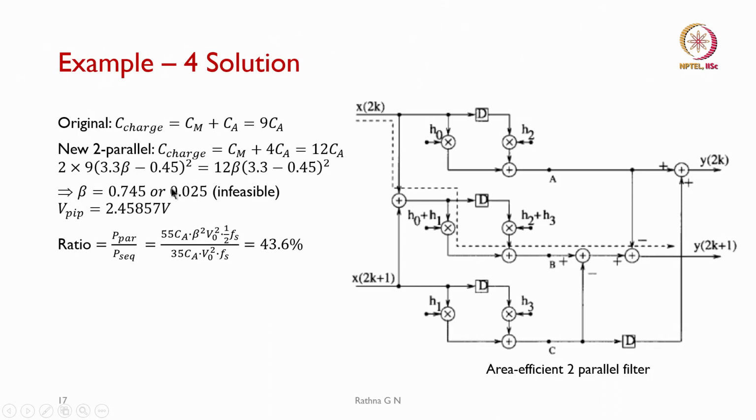So, as earlier cases, this is infeasible, and we consider our pipeline the parallel version of it is going to have 2.45857 volts, and then the ratio with respect to this you will be calculating it as 43.6% the saving in the voltage.